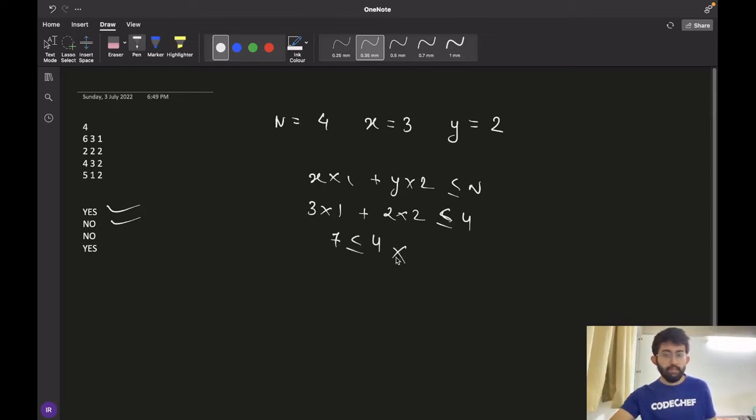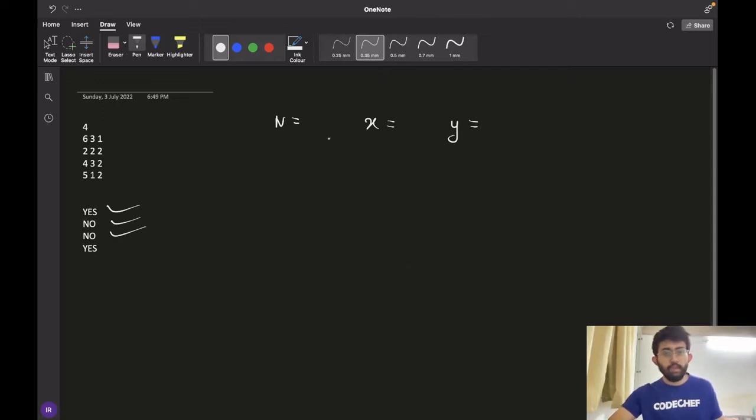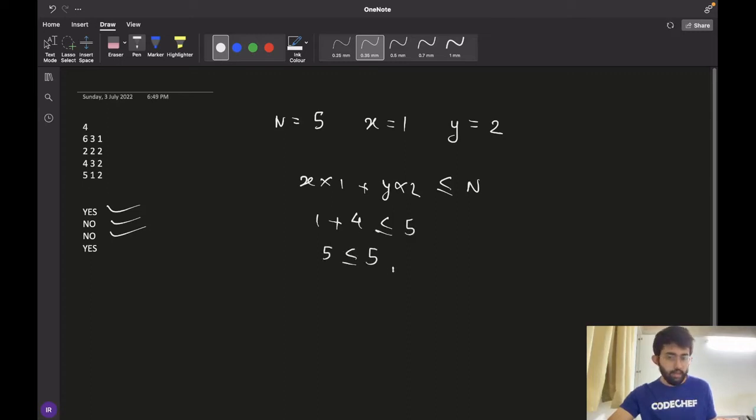As this is false, our answer is no. And for the fourth and the final test case, we have n equal to 5, x equal to 1 and y equal to 2. Total space required would be x into 1 plus y into 2, and this should be less than or equal to n for our answer to be yes. So on substituting, we have 1 plus 2 into 2, which is 5, and this should be less than or equal to n, which is 5. 5 less than or equal to 5, and this condition is true. That means the answer is yes.